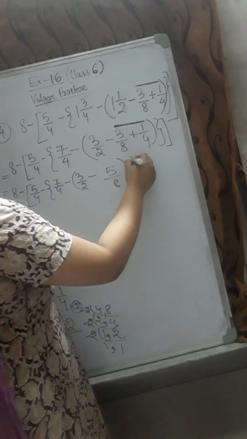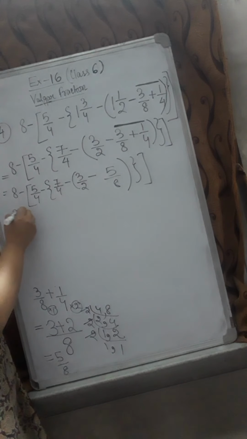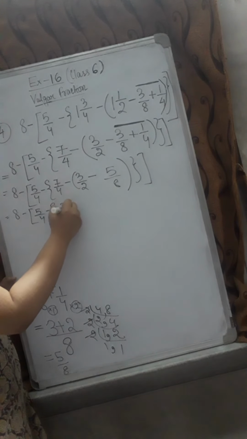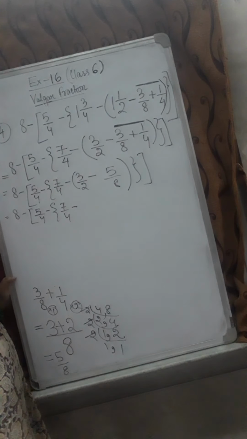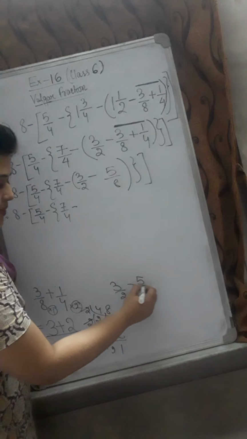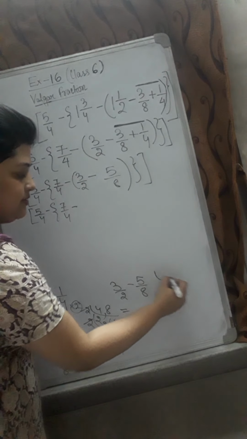Put the first bracket, second and third. Now next part we will solve the first bracket. So 3/2 minus 5/8. Here also find the LCM of 2 and 8.